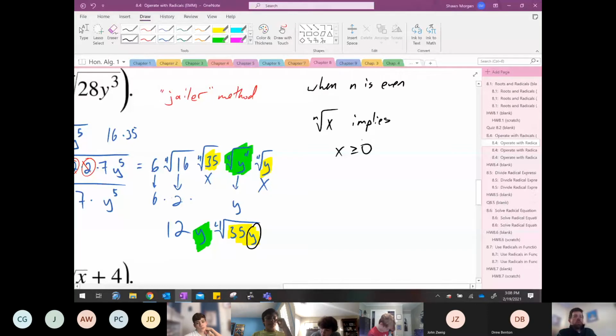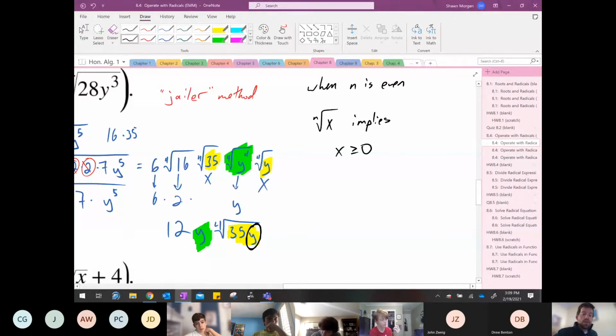Like you're not allowed in algebra 1, for example, to take the square root of negative 36, because what number multiplied by itself would equal negative 36? It doesn't work that way. And so that fact that y is still in the radicand right here is implying that y is greater than or equal to 0, and therefore I don't need absolute value signs on the outside there.